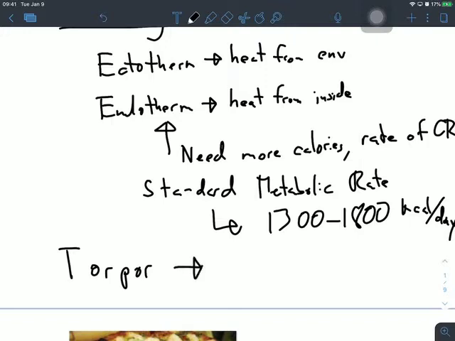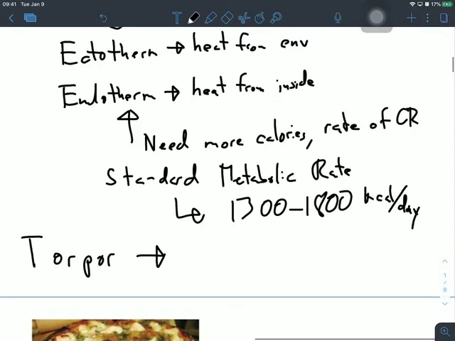For example, during the winter, some of us humans might feel like it, but we can't actually do this. But our bear cousins are able to hibernate, or slow down all of their metabolic processes to require less food. Now, this keeps them alive through the winter because there's not as many calories around.